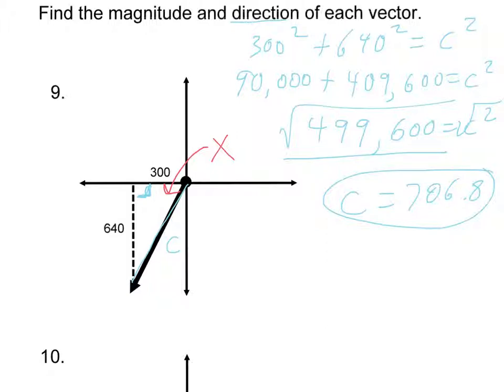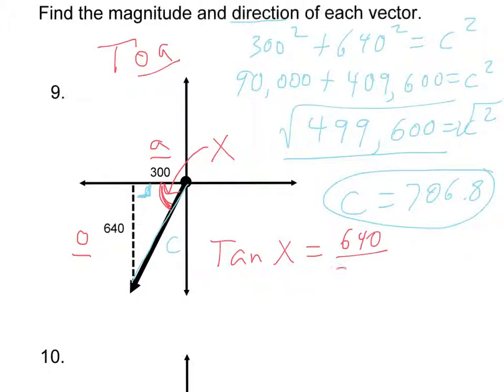Now notice, using this as a reference point, 300 is adjacent, 640 is opposite. What ratio uses opposite and adjacent? That would be the tangent ratio. So the tangent of angle x equals opposite over adjacent.